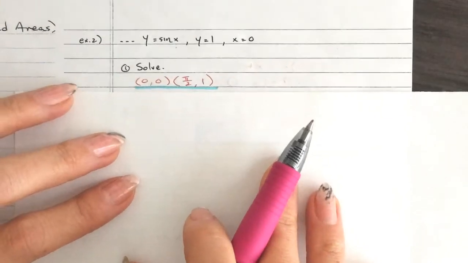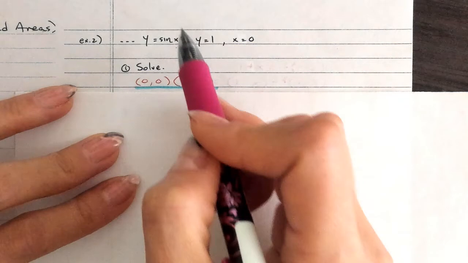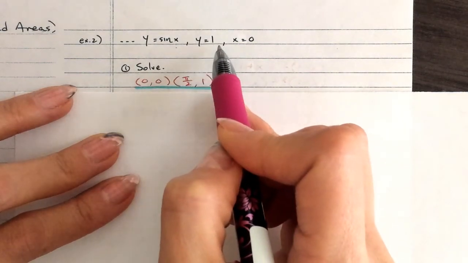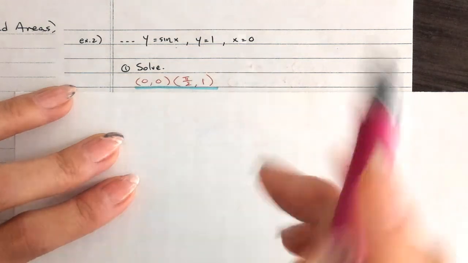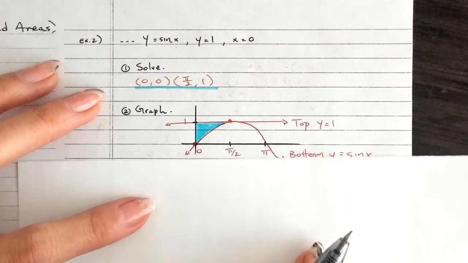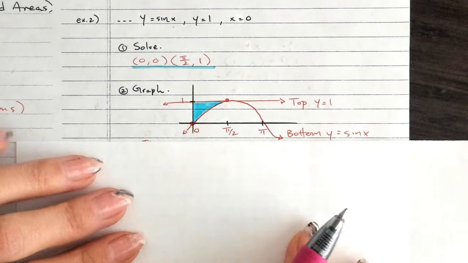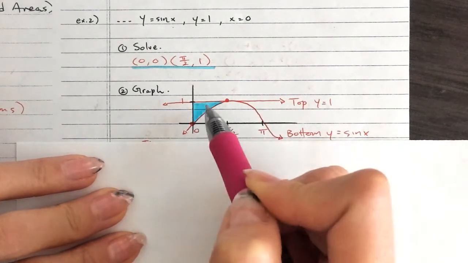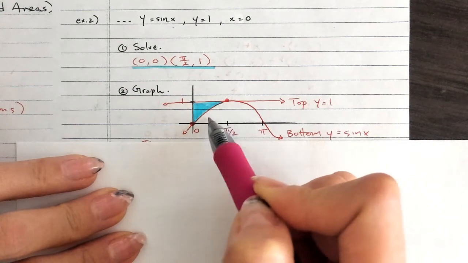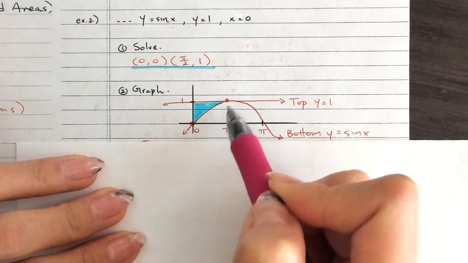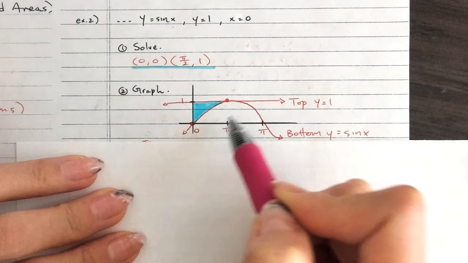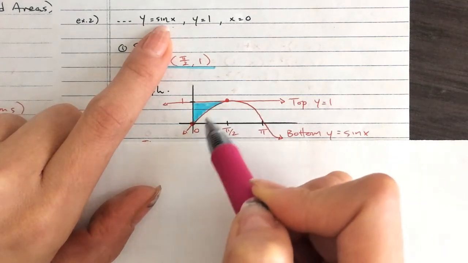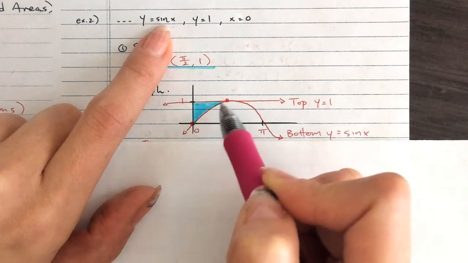You're going to draw the diagram of a sine graph, and you go all the way to y equals 1, and then you start at x equals 0. Okay, so the graph looked something like this when we drew it. And then you have to decide, so you'll graph something sometimes and you'll be like, oh, this is what I should shade. But this is not what you should shade, because you have to realize, yes, you want to touch the sine of x. So yes, our blue or whatever you're using should touch that curve.